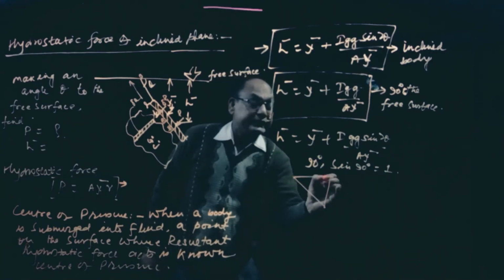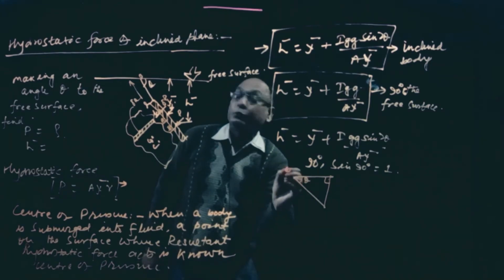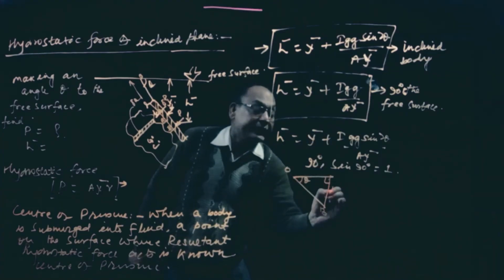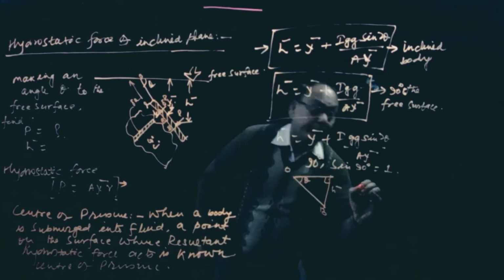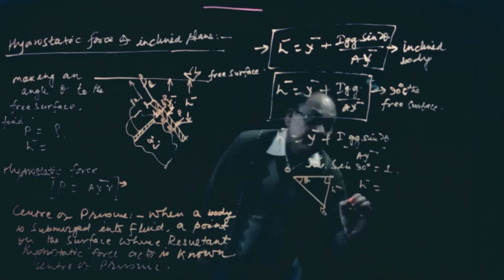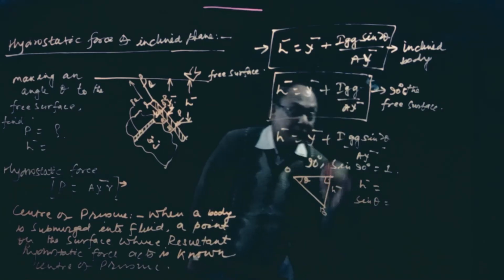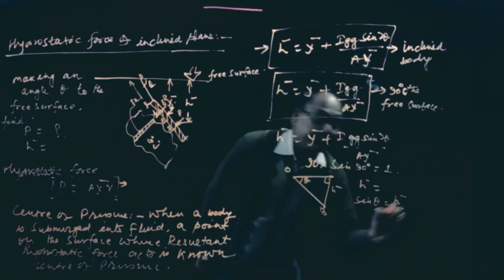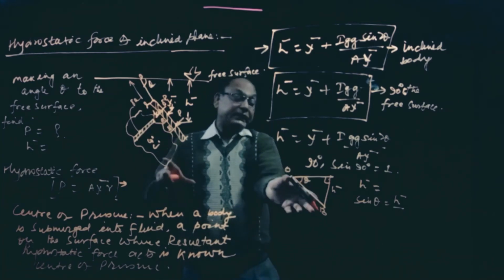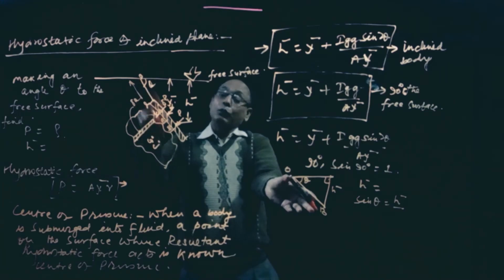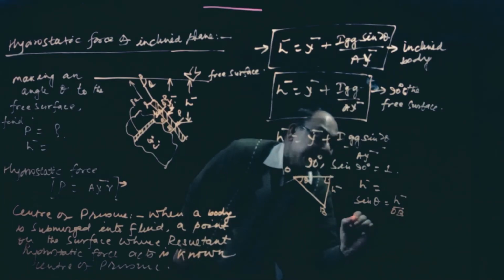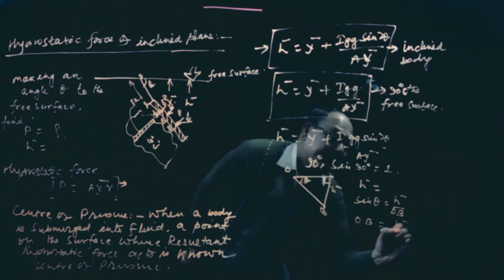So this is 90 degrees, this is angle theta, this is O, this is B, and this length is h dash. So sin theta is h dash by OB, and that length OB will be equal to h dash by sin theta.